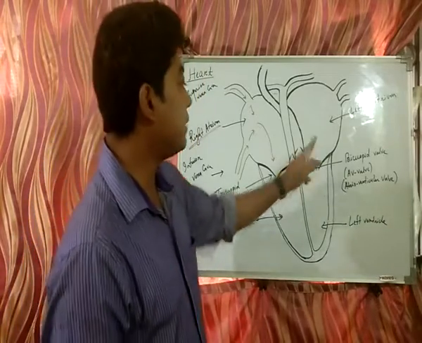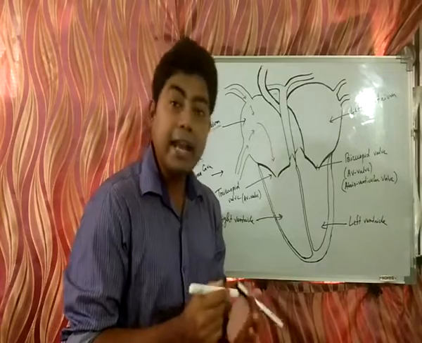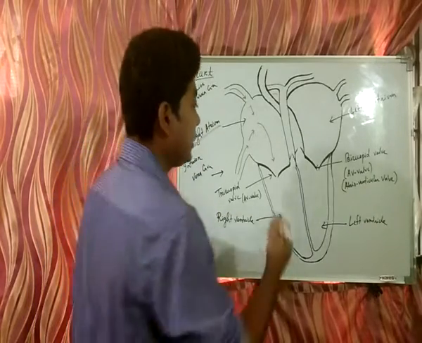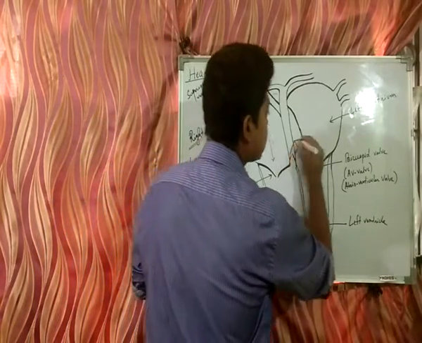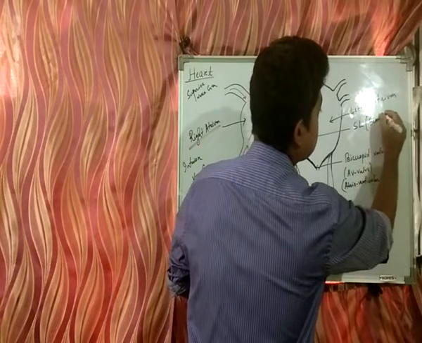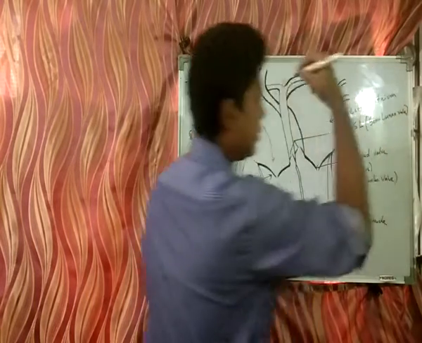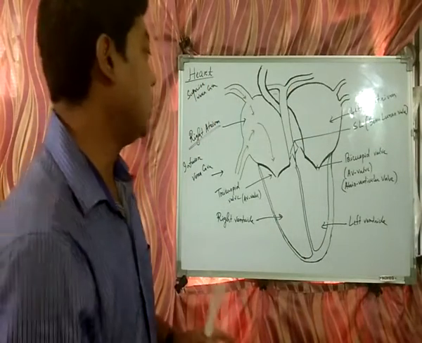Now, another two valves are there. These two valves are called SL valves, that means semi-lunar valves.